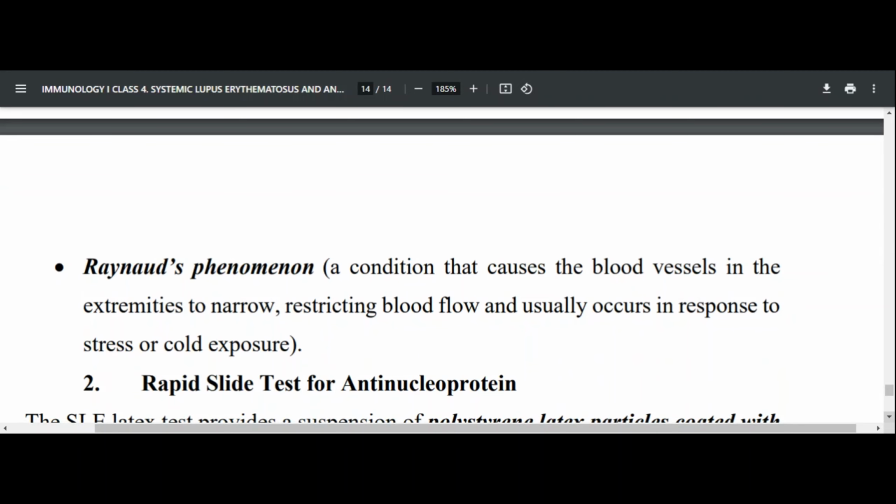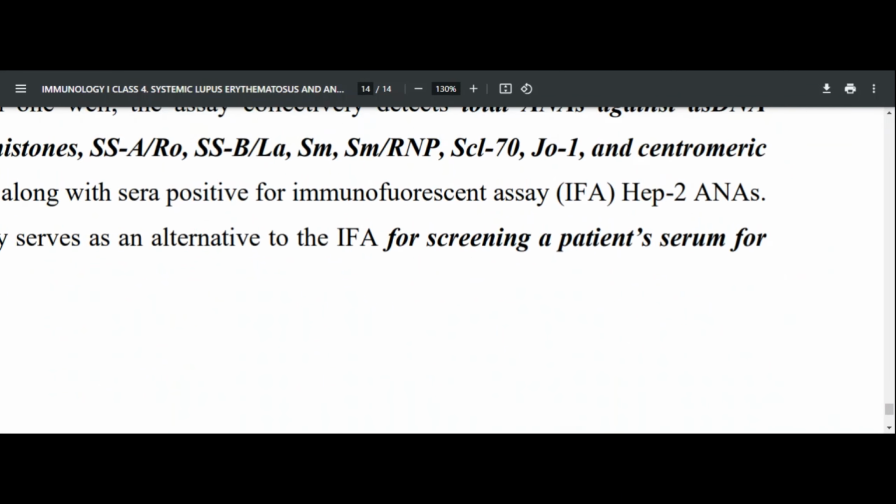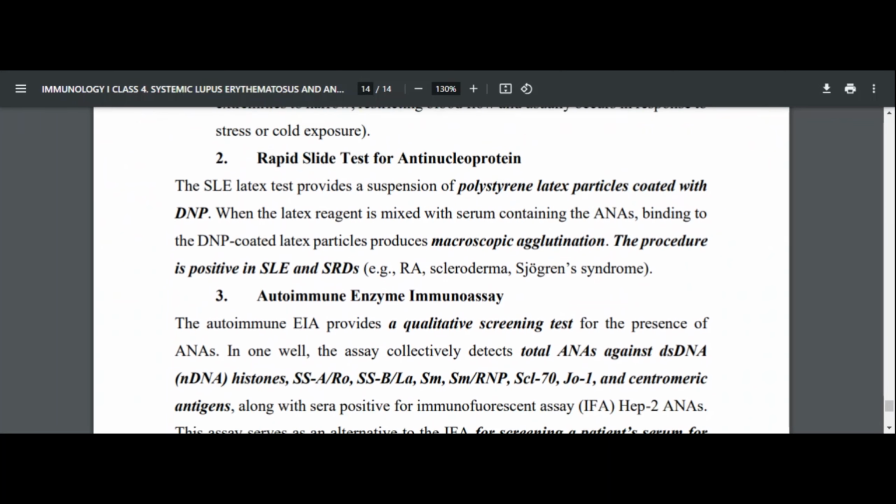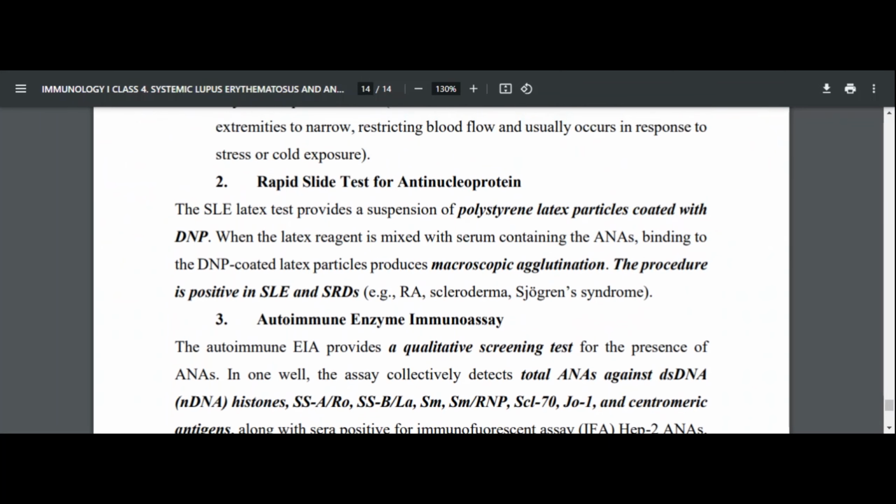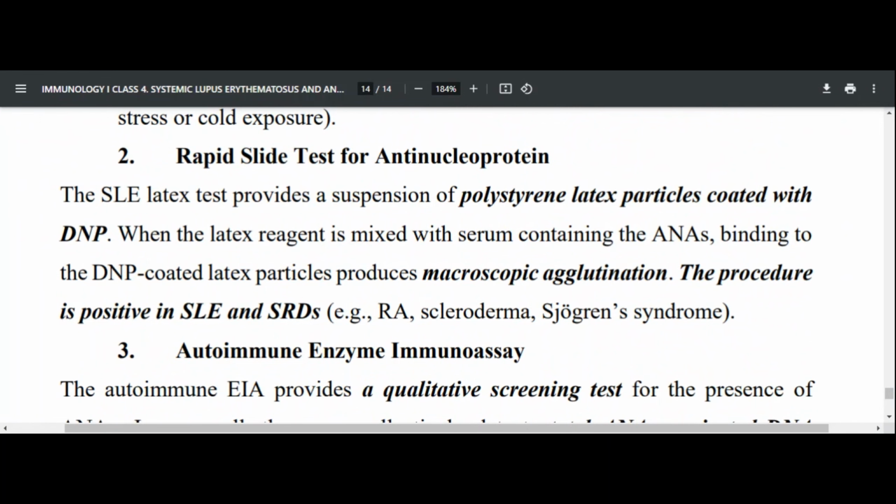So finally, we have another technique that we use to detect antinuclear antibodies, but it is not commonly used. It is the rapid slide test for antinuclear proteins. For example, we have the SLE latex test, which provides a suspension of polystyrene latex particles coated with DNP. This is specific only for deoxyribonucleoprotein. It is just a rapid test for that.